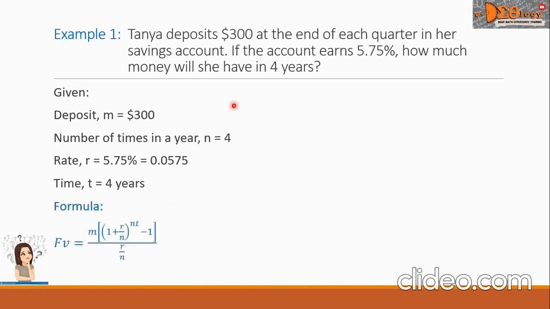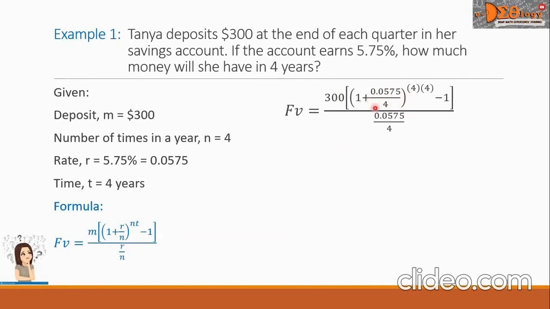And then let us write our formula, and it is now written here. Let us do the substitution on this portion. So we have here the M now becomes 300. The constant one is here, plus the R over N, which is 0.0575 over 4.